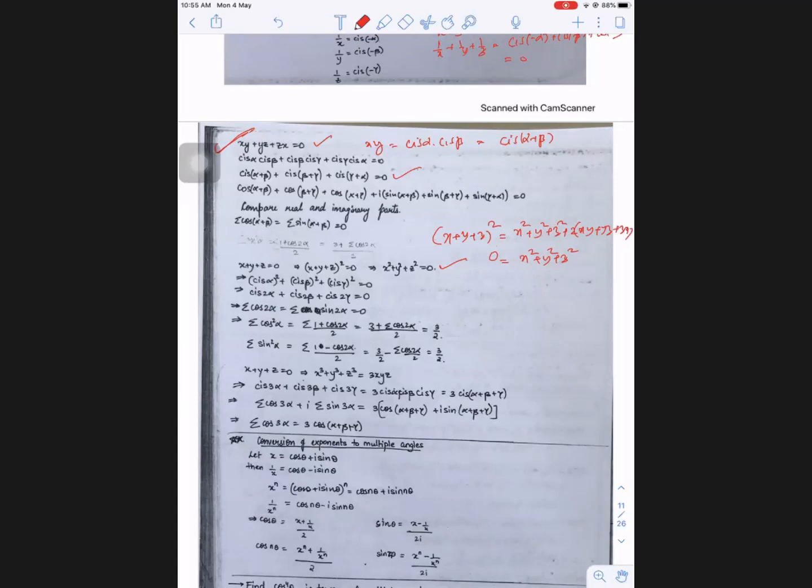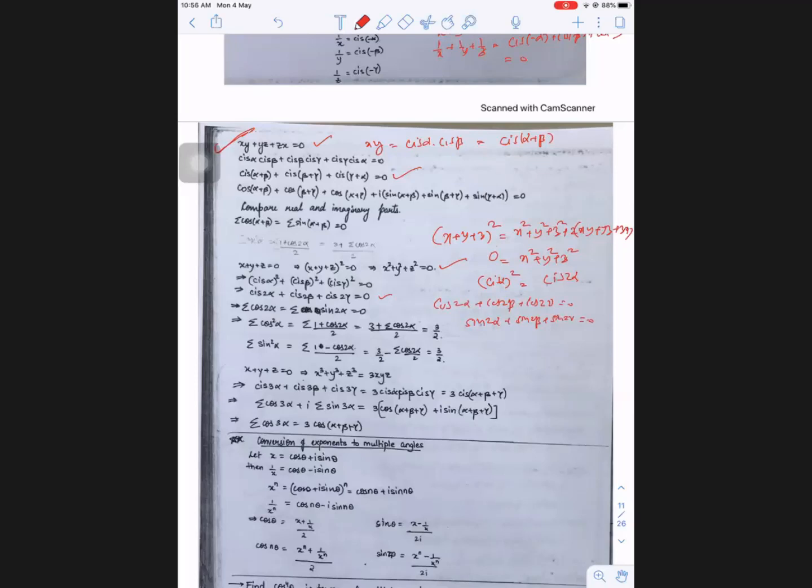So x square means what? Cis alpha whole square, which is the same as cis 2 alpha. So you get cis 2 alpha plus cis 2 beta plus cis 2 gamma equal to 0. By comparing the real part, cos 2 alpha plus cos 2 beta plus cos 2 gamma equal to 0, and similarly sin 2 alpha plus sin 2 beta plus sin 2 gamma equal to 0.